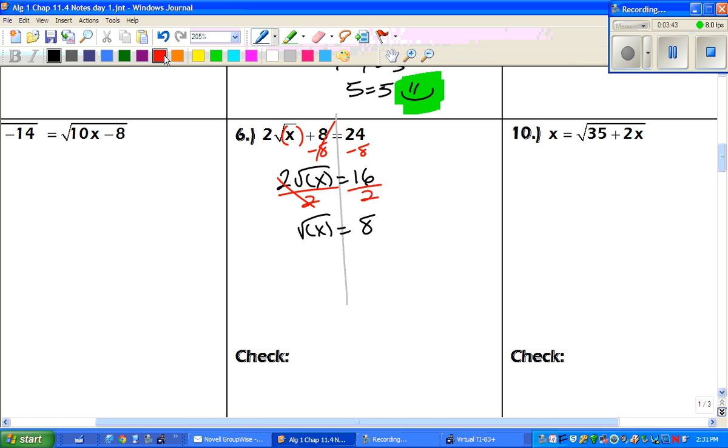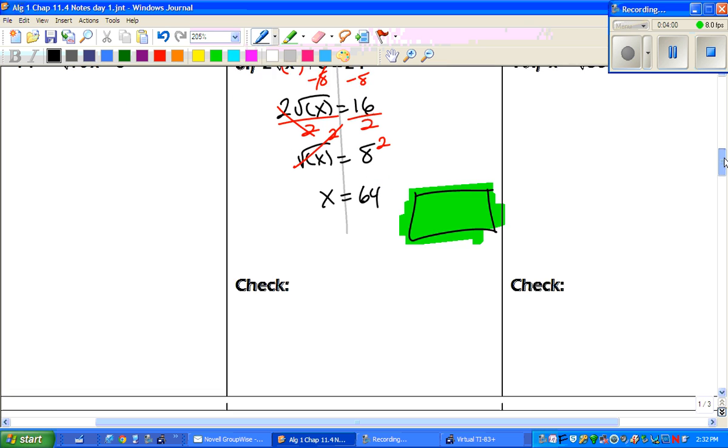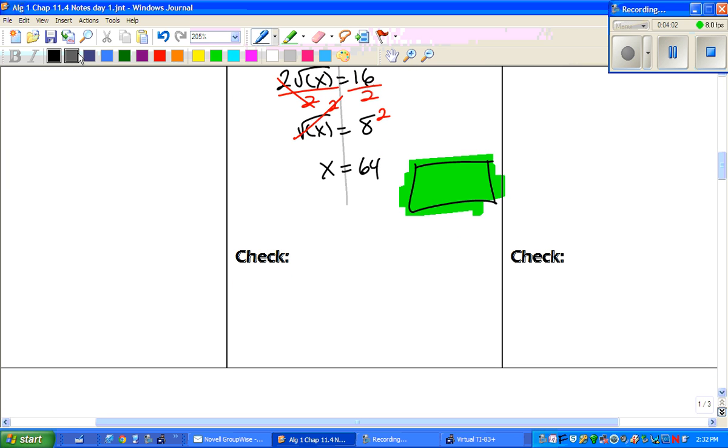And now to cancel out the square roots, we square both sides. And when we get 8 squared, it's 64. Okay? And now I can't put that in my "yay, I'm done" box because I don't know if that's true or not. All right? So let's come down here and do the check.